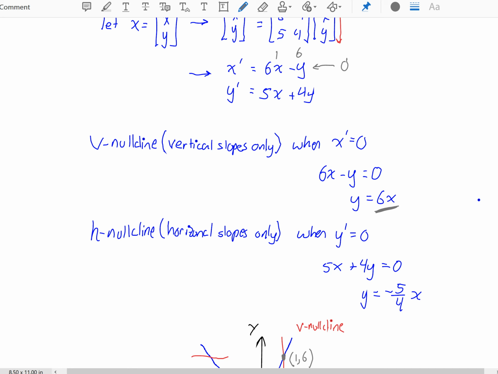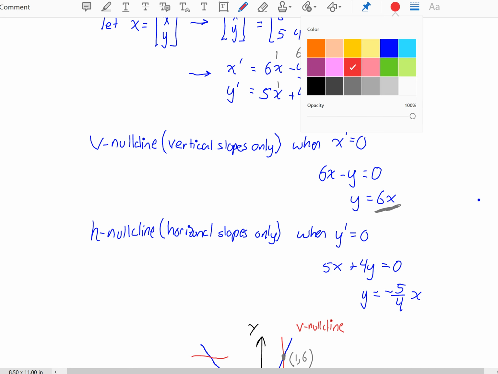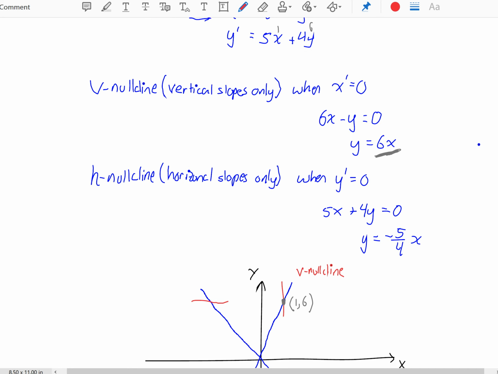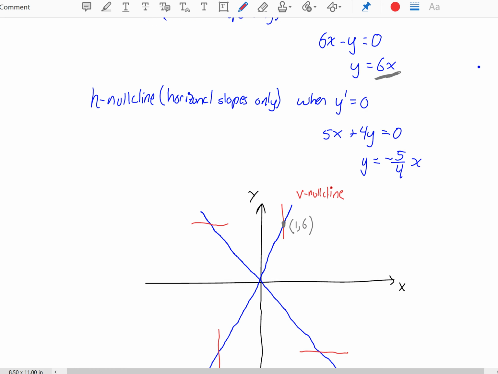And we knew that because it was a vertical nullcline. We expected there to only be vertical slopes. And that's because your horizontal x prime is 0. But when you plug 1, 6 into your y prime equation, notice what you get is 5 plus 24 is 29. Now I don't really care that its value is 29 as much as that it's positive. It tells me that this vertical nullcline at the point 1, 6, it has slopes that move upwards.